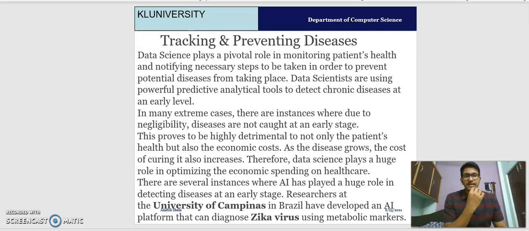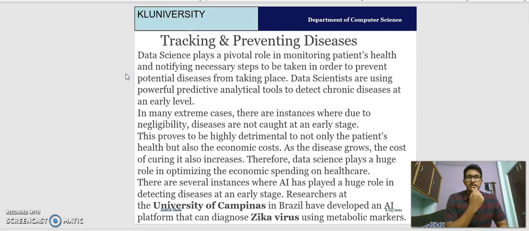Tracking and preventing diseases. Data science plays a pivotal role in monitoring patients' health and notifying necessary steps to be taken in order to prevent potential diseases from taking place. Data scientists are using powerful predictive analytical tools to detect chronic disease at an early level.